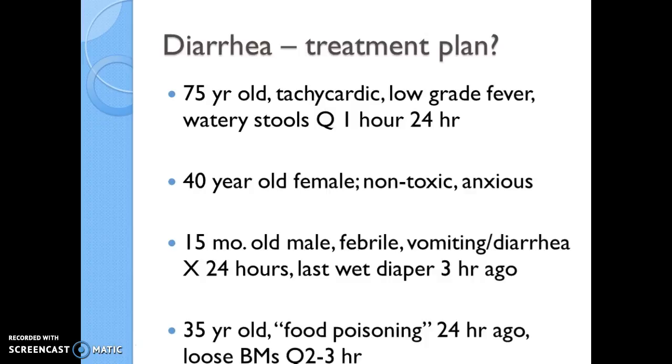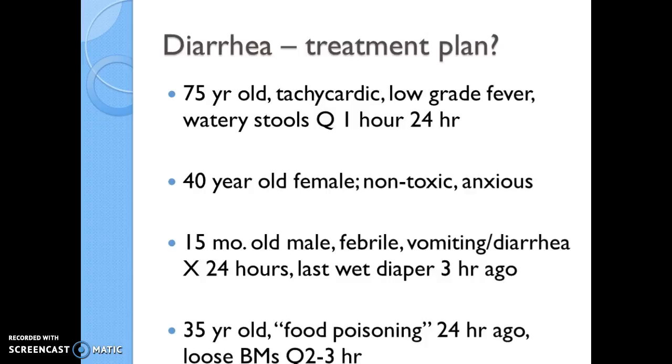A 15-month-old male who's febrile, vomiting, diarrhea for 24 hours, but he's had a wet diaper in the last few hours, so we're thinking he's maintaining hydration. You know, babies and small children will drink even if they vomit, and if you give them sips of something like Pedialyte, they will absorb enough water to stay hydrated. We'll probably hold on his antidiarrheal medication as well.